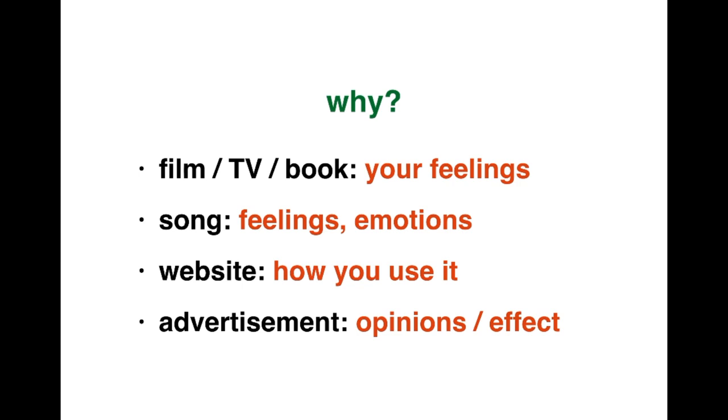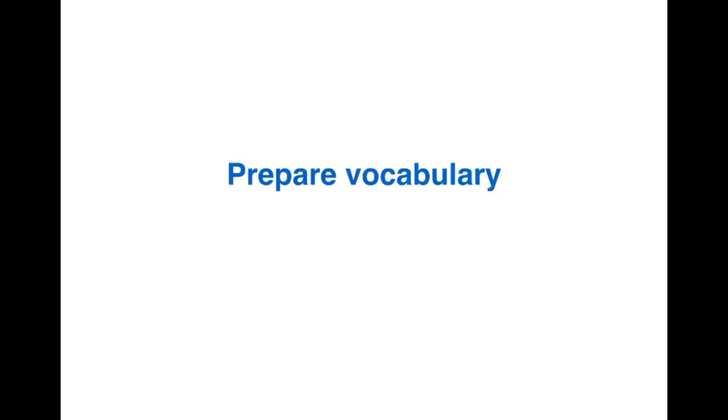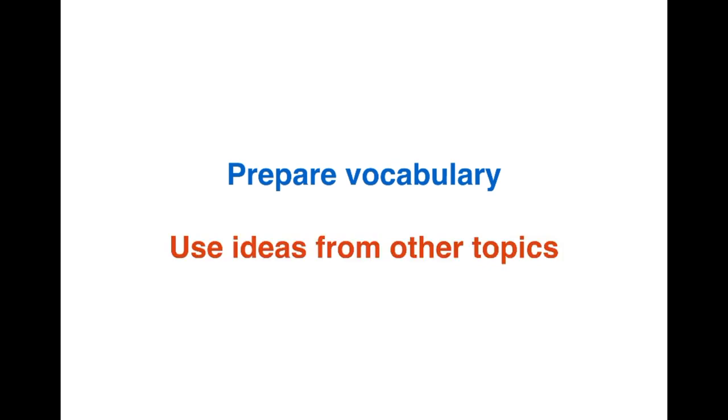Okay, now let's start preparing vocabulary for some of these topics. And as I said a moment ago, we can also use ideas from the previous topics that we've already prepared. I'll show you how I would do that now, starting with the favourite advertisement question.